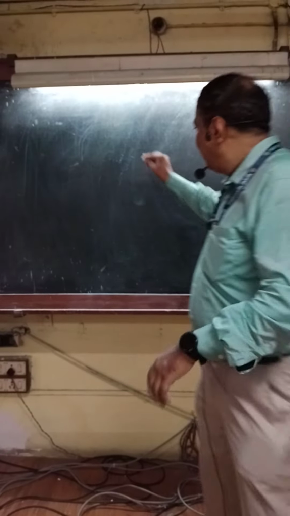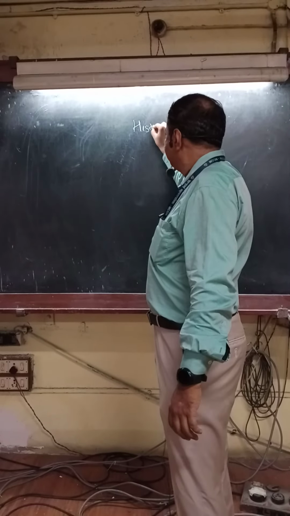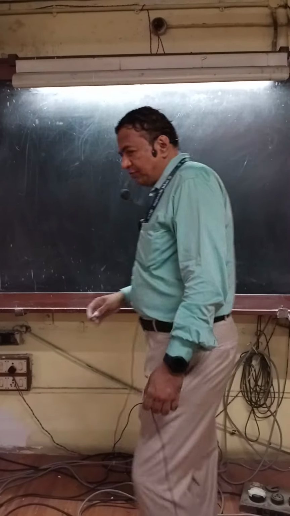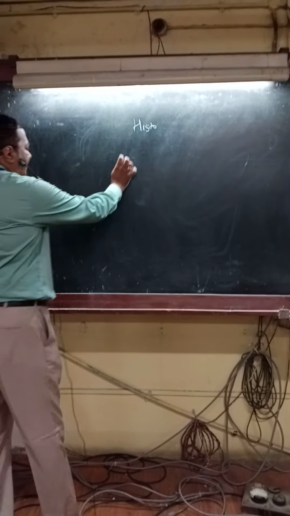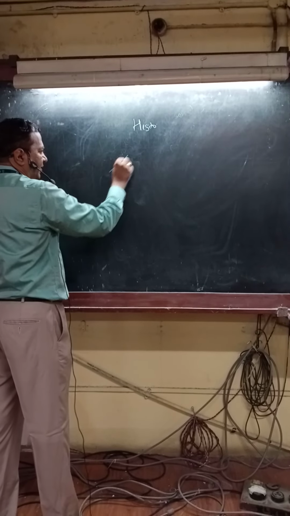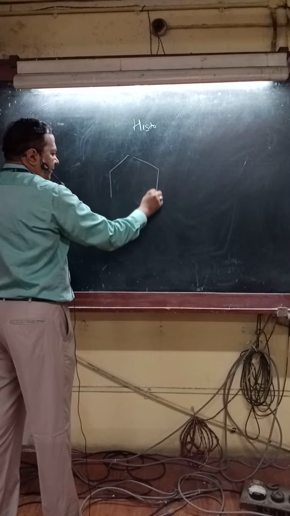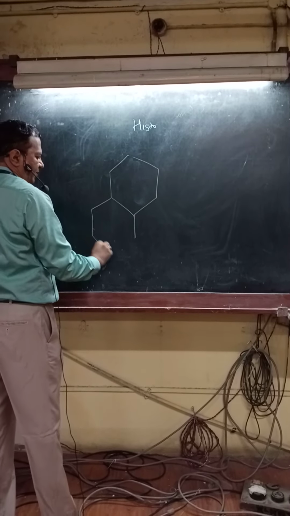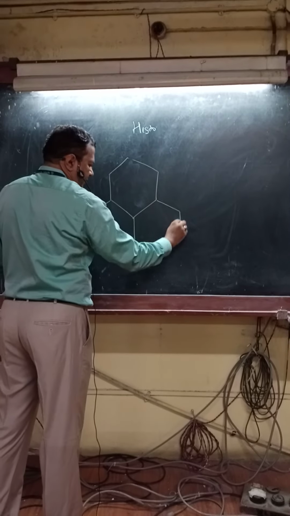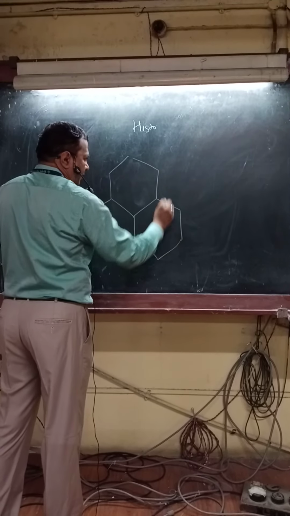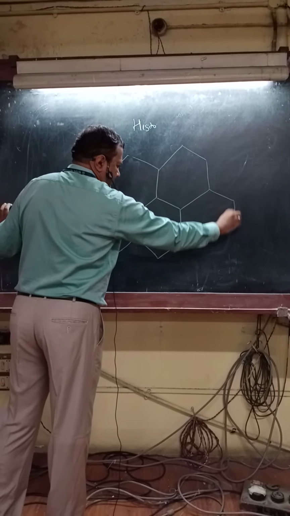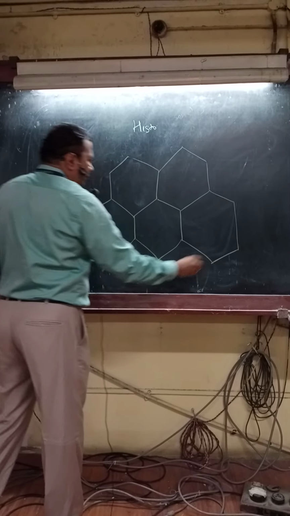Now coming to the next point, which will again be asked to you: the histology of the liver. In liver histology, there are three things. There are hexagonal lobules.